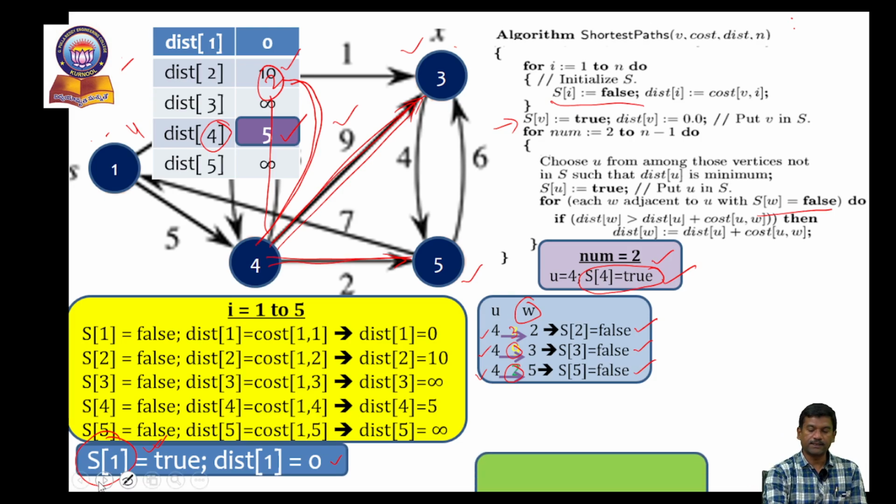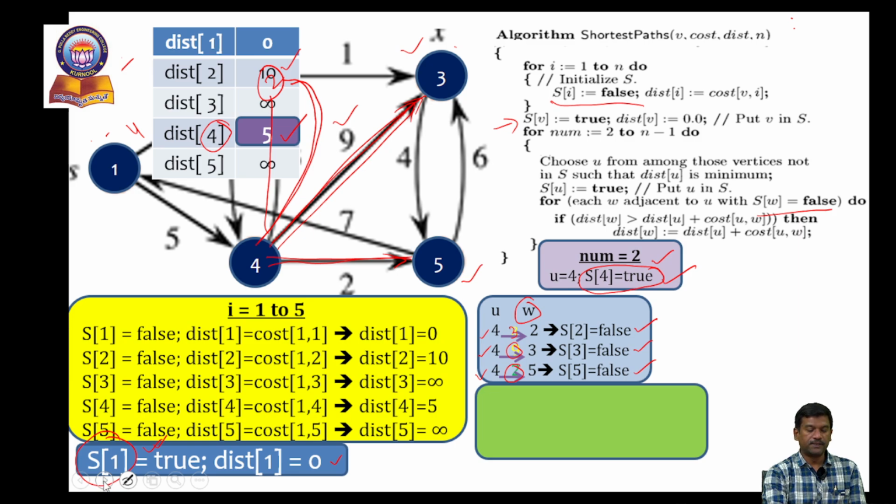And coming to the next step, that is if distance of w, take each of the w values. When you take w equal to 2, we are considering whether the distance has been updated or not. So w equal to 2, and according to this step, if distance of w is greater than distance of u plus cost of u comma w.